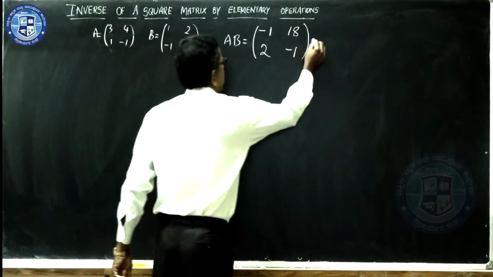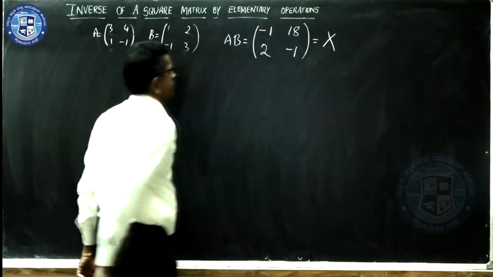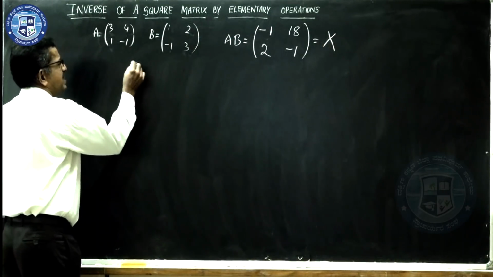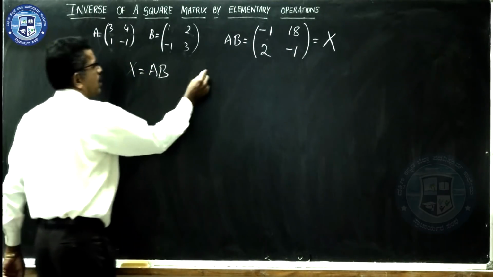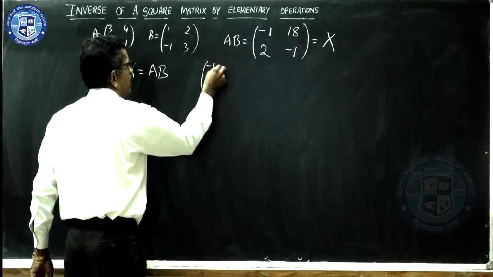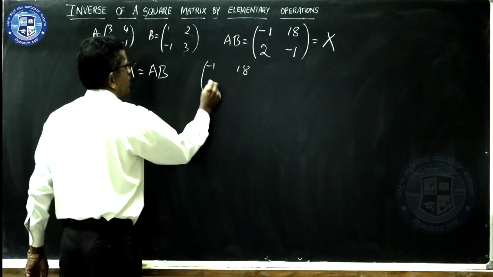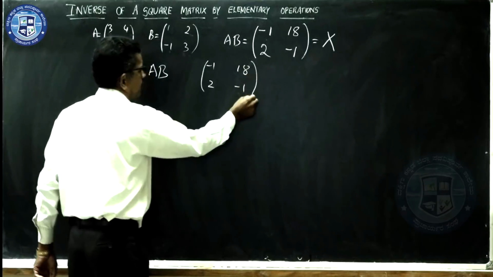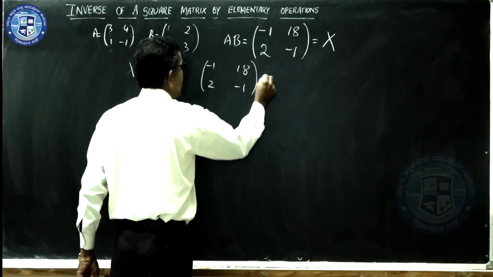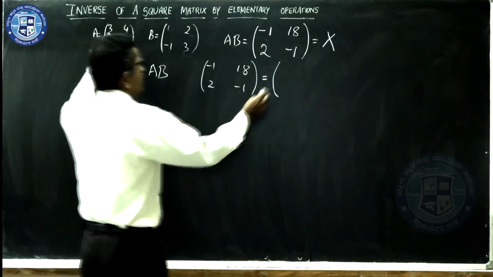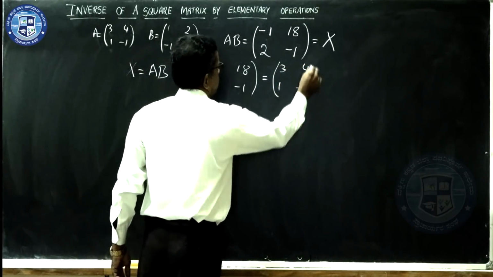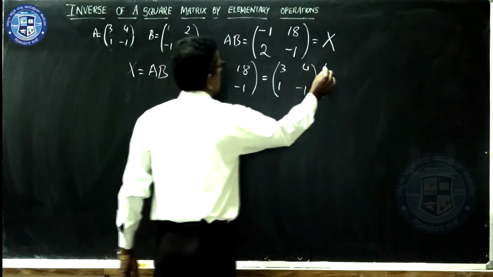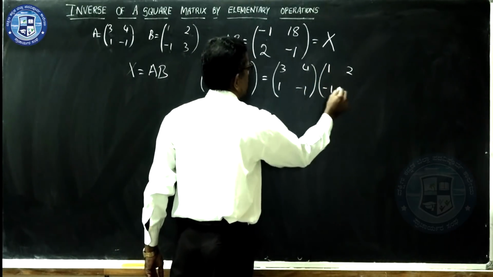Let me name this as X. So, let me write here X is equal to A into B, which further implies minus 1, 18, 2, minus 1 is equal to A into B. A is 3, 4, 1, minus 1. B is 1, 2, minus 1, 3.